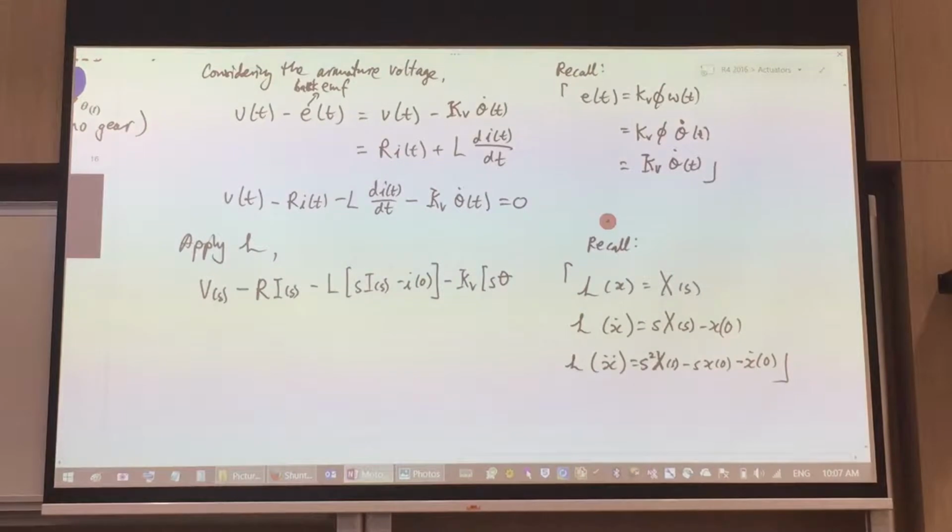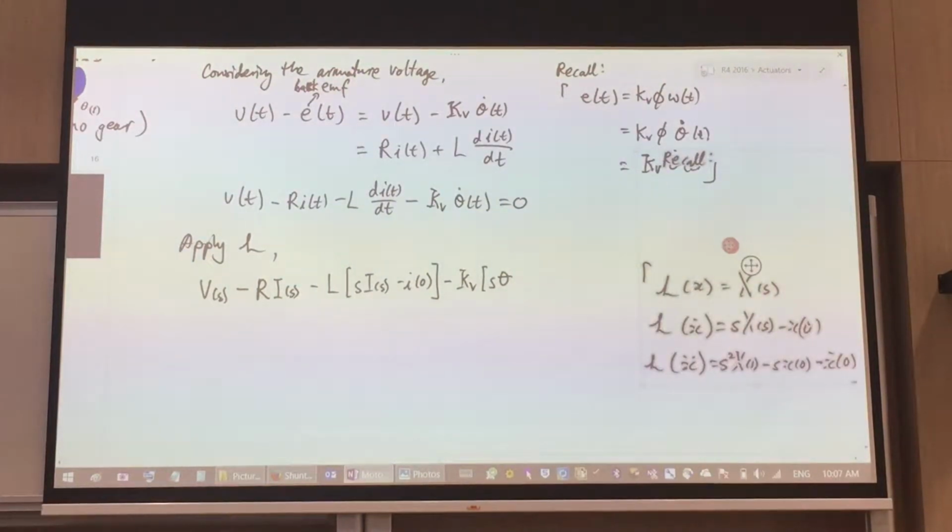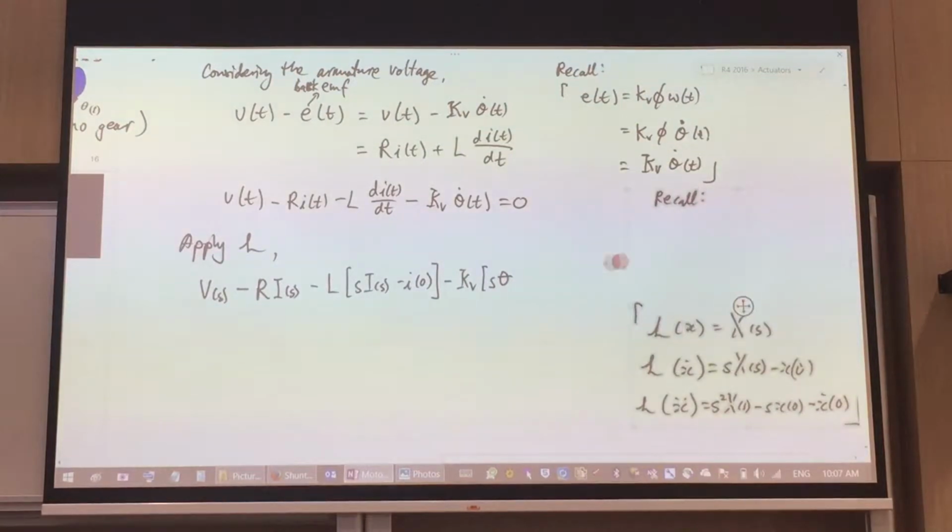Running out of space, I'll make this a little smaller. This is a symbol for my capital letter theta.